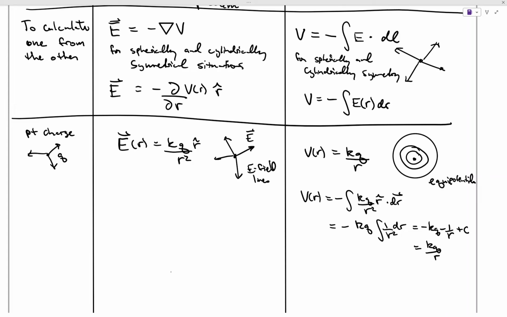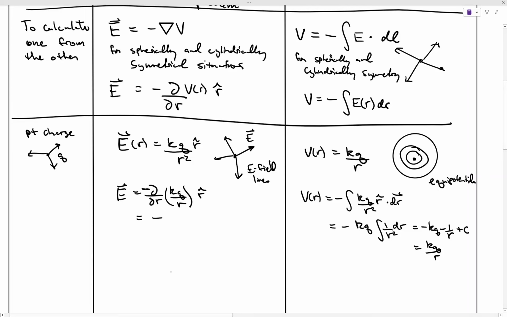Okay? And then if we wanted to go back, if you want E, we can close the loop here. Applying our definition, it's the negative derivative of kQ over r, times a factor of r hat. Well, that's r to the minus 1, so the derivative would be negative r to the minus 2.